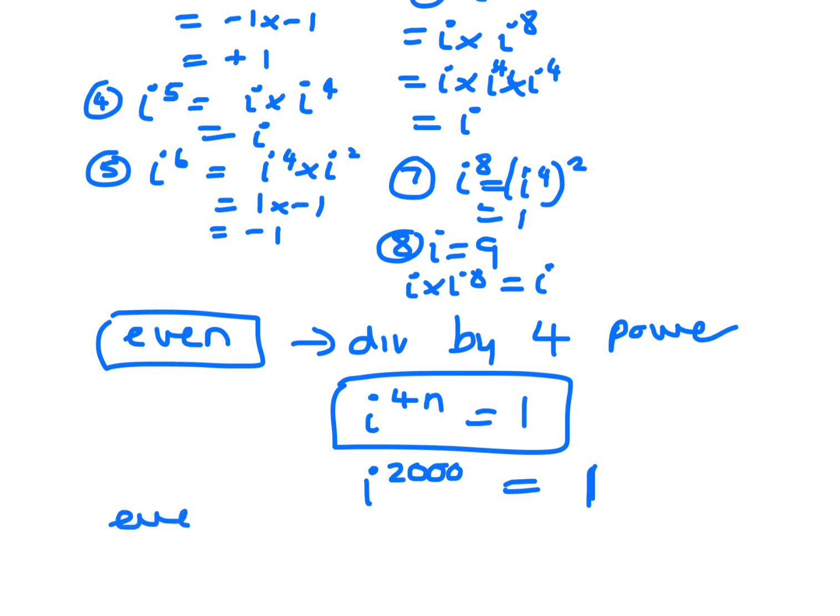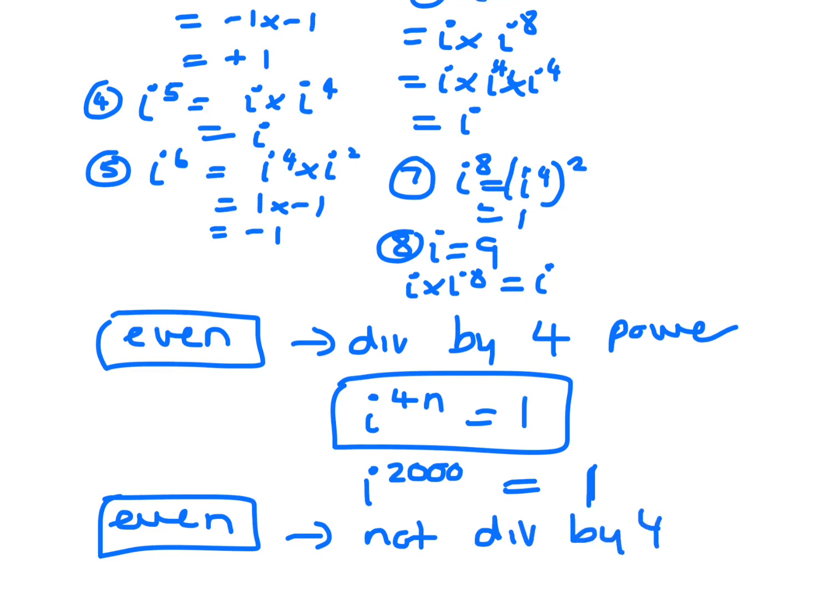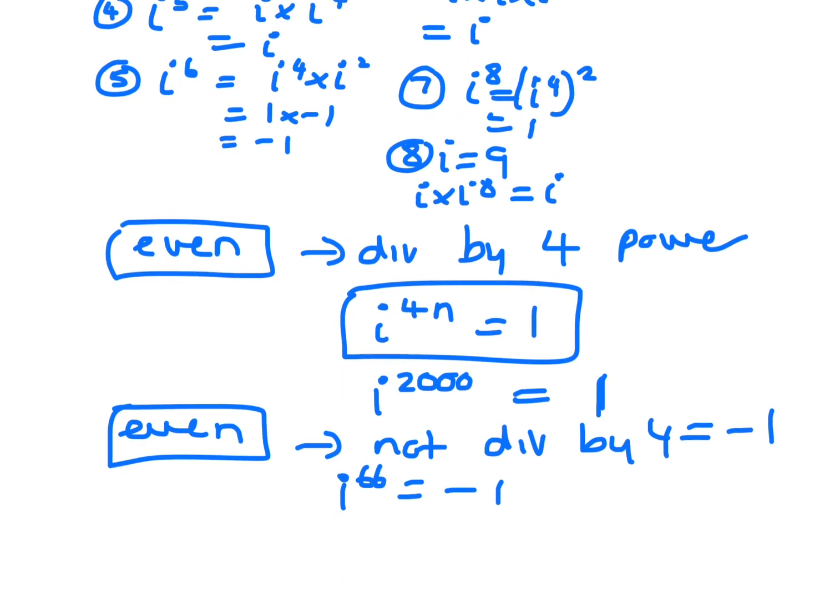But if it is just even, but not divisible by 4, then it just ends up being minus 1. So for example, i to the 6 was minus 1. If it was to the 66, it would still be minus 1.